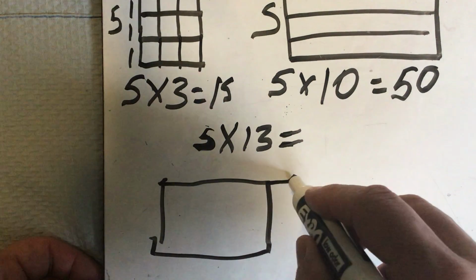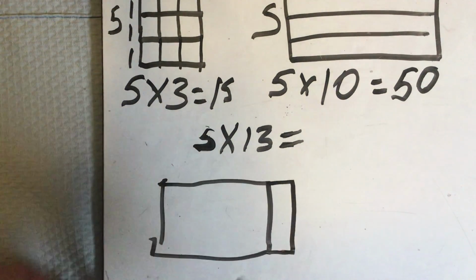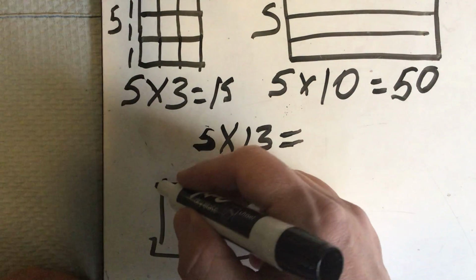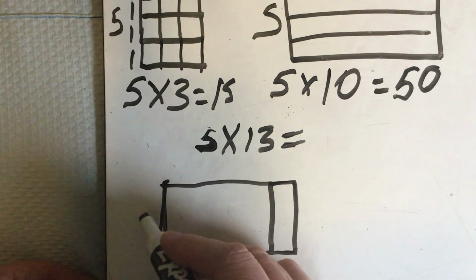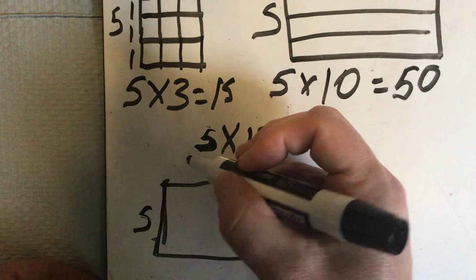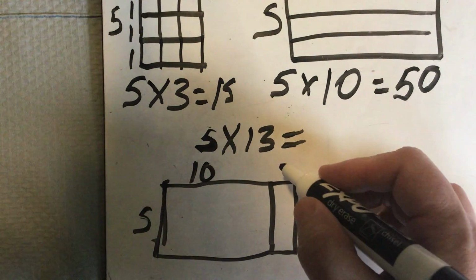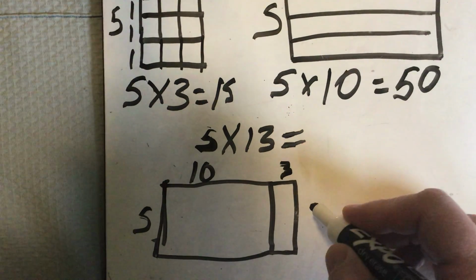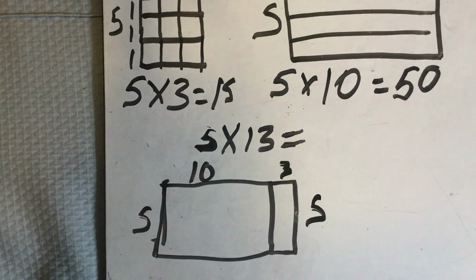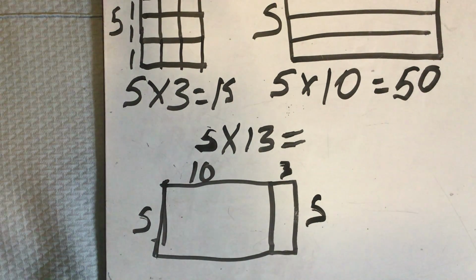We have 5 and this 10, and then we have 3 and we have that as 5. We can separate it out that way because we already did it earlier.